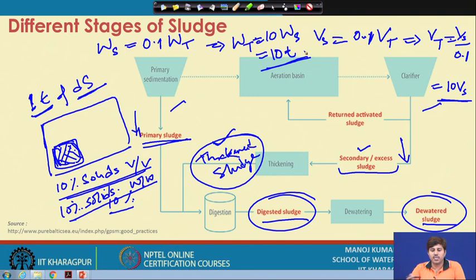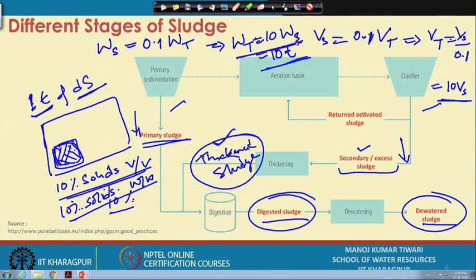Now, water and solids may have a specific gravity. So, if you want to determine the volume of this total sludge, if you have been given 10% weight by weight and you want to determine how much volume it is going to occupy.